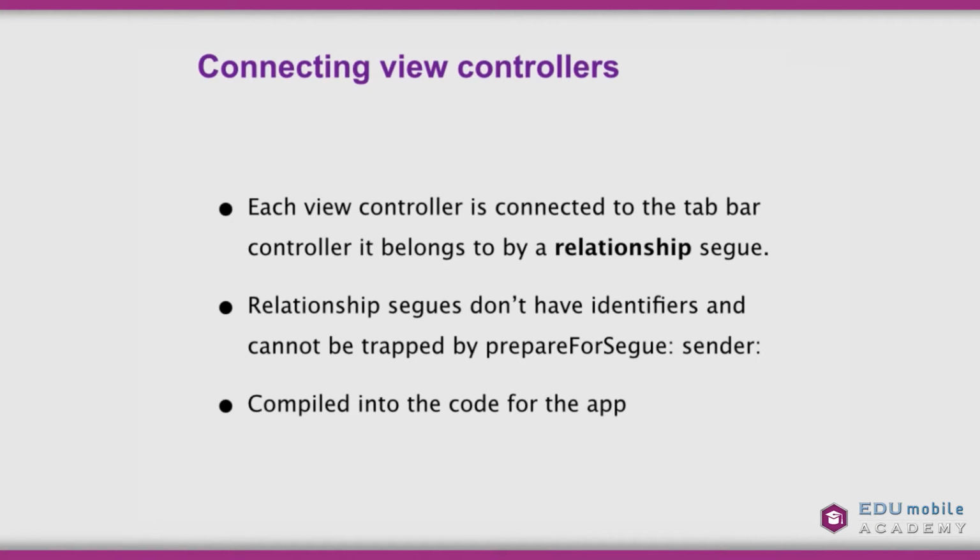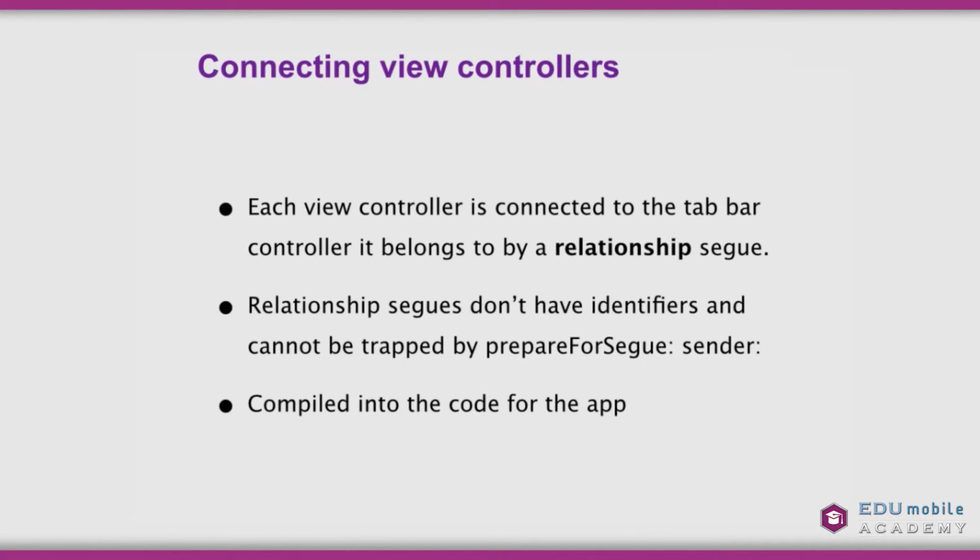So relationship segues don't have identifiers. You can't set an identifier on it. And they cannot be trapped by prepareForSegue:sender:. Now, I know I'm getting ahead of myself here, but when we talk about navigation controllers and see a demo there, we'll see that you must have an identifier with navigation controllers, and you must most often use prepareForSegue:sender: to talk to that navigation controller's controllers.